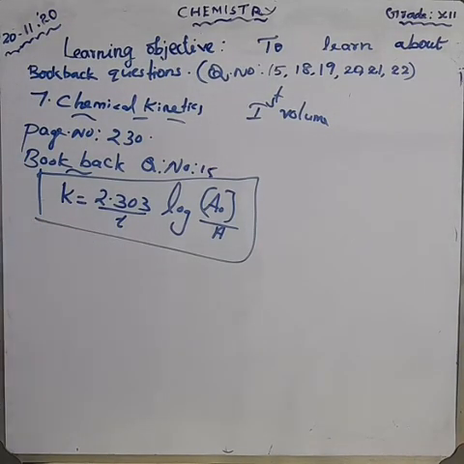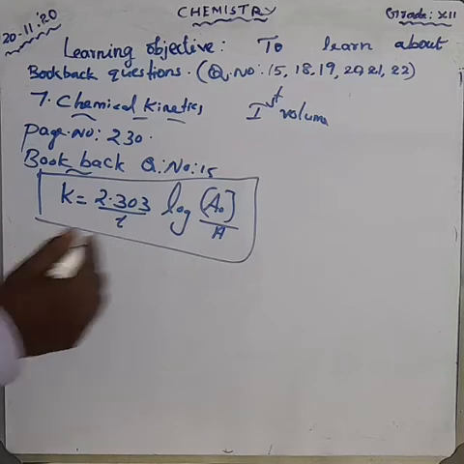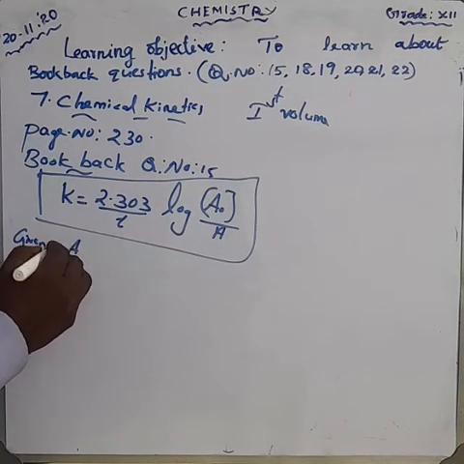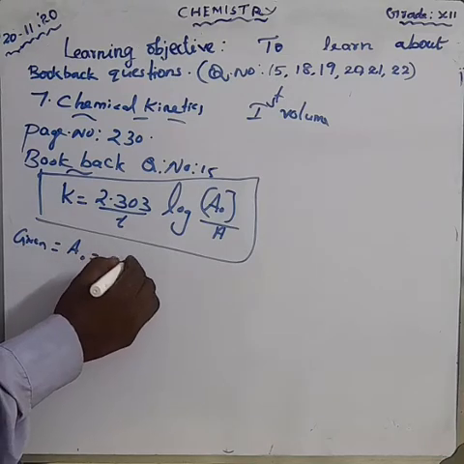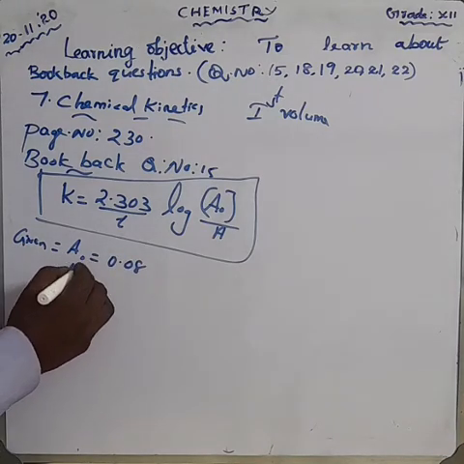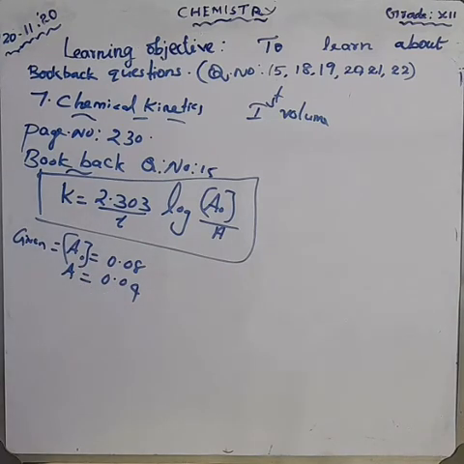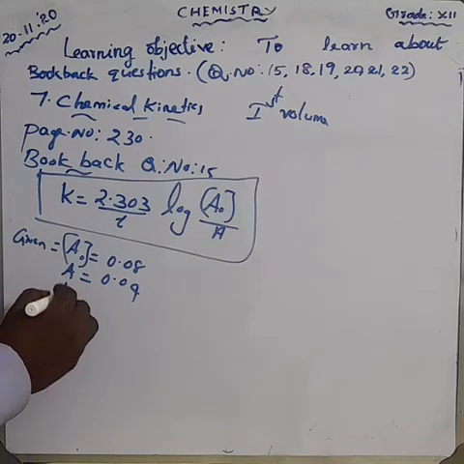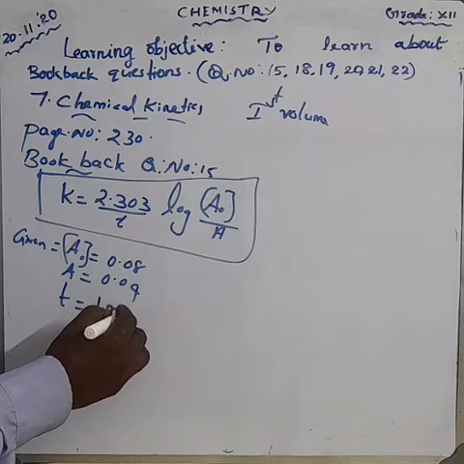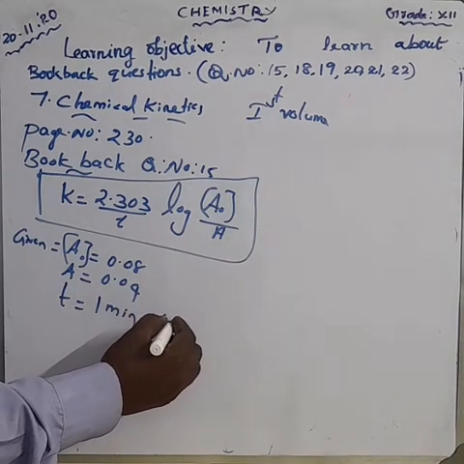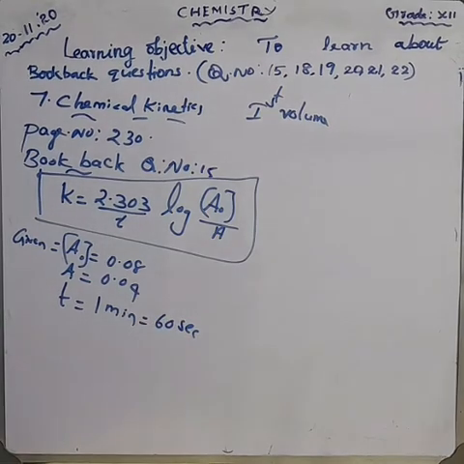Here, what is the value of a naught? a naught is given as 0.08, a is 0.04. That's given. And about t, time t is equal to 1 minute. We can write that as 60 seconds. So you can substitute this.